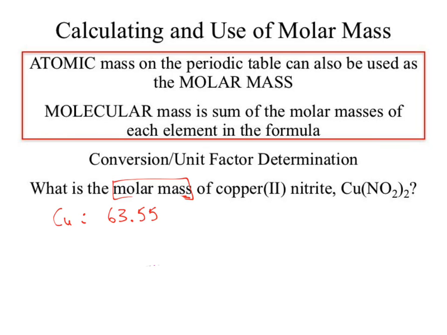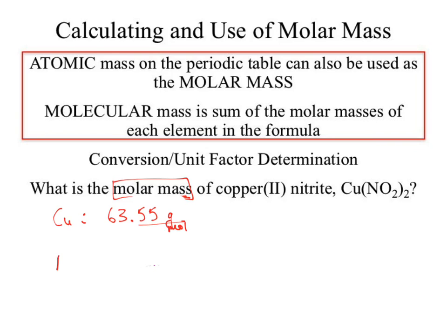So when you asked that question earlier, do you just add up all of the atomic masses on the periodic table? And I said, sort of, not quite right. Mathematically, you're correct, but if you add up the atomic masses, what is your unit? AMUs. Is that what you're being asked to solve for? No. You're being asked to solve for your grams per mole. Got it. Okay. So that's our copper.